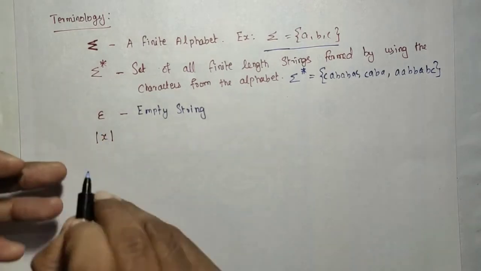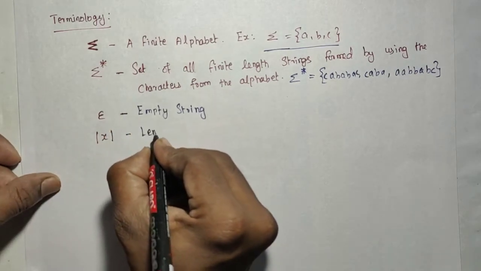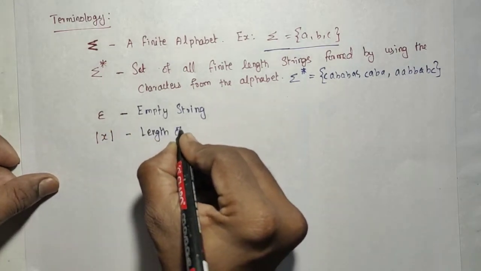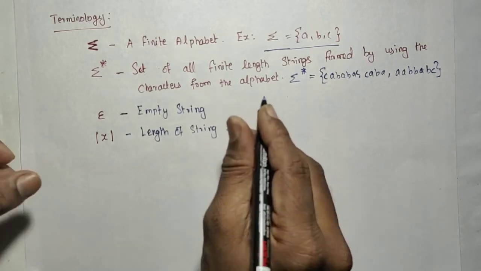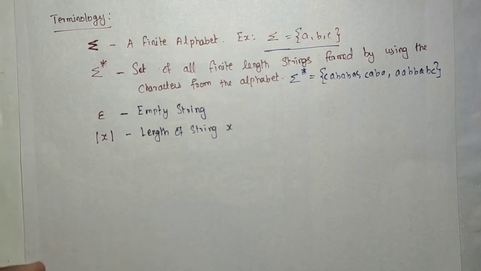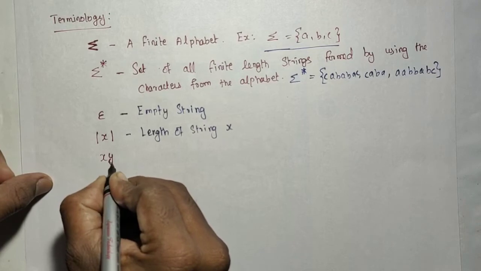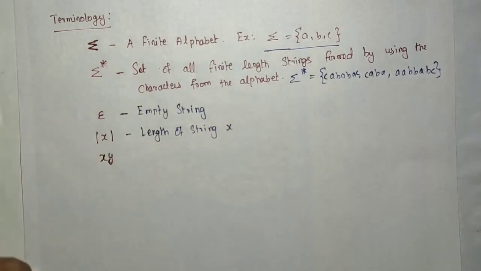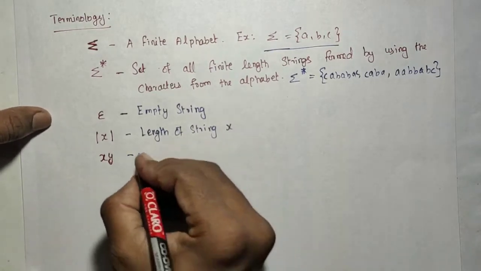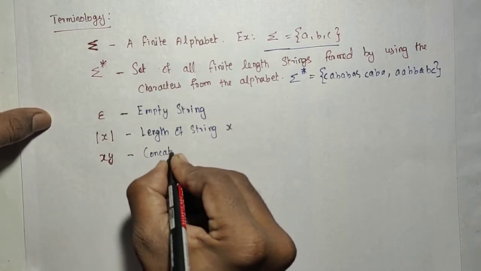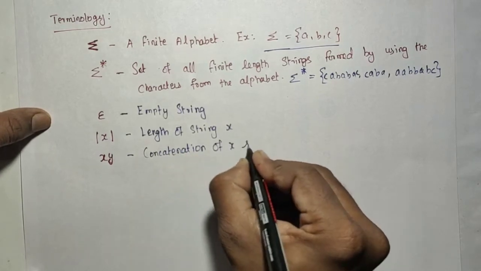If x is the string, the length of string x is in terms of the number of characters. And if you are representing x y, where x is a string and y is a string, it is nothing but the concatenation of x and y.